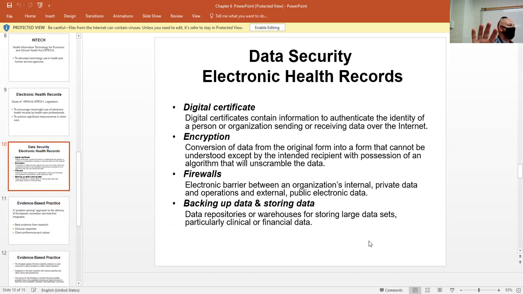And when you're talking about electronic health records, they better have good protections. And then there's the backing up and storing of data. There are data repositories or warehouses for storing large data sets, particularly clinical or financial data. That's something I was going to say a minute ago. That's something else you want behind the firewall, your financial data.